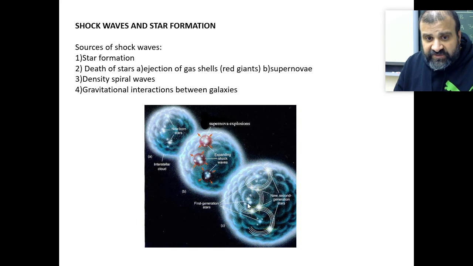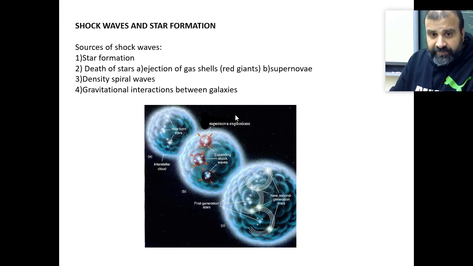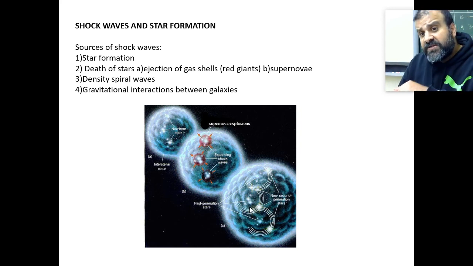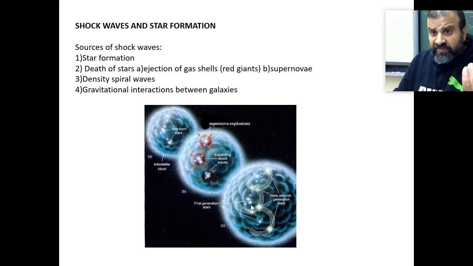So these first generation stars are the remains from the supernova. These first generation stars could be neutron stars, pulsars, white dwarfs, or some stars themselves that have not yet detonated. But the shock waves they create when these stars went supernova can trigger collapse of other parts of the gas cloud and trigger star formation.